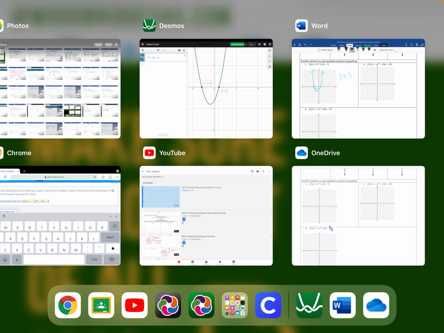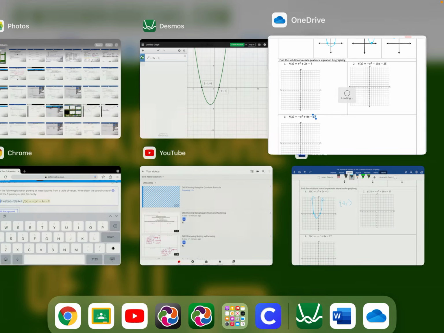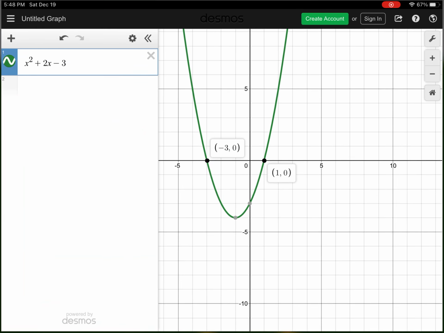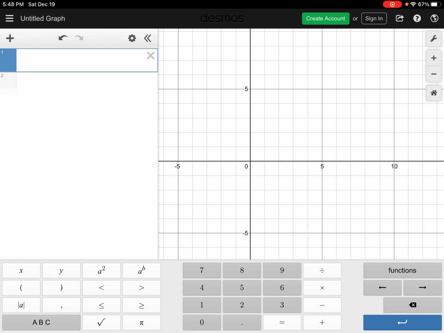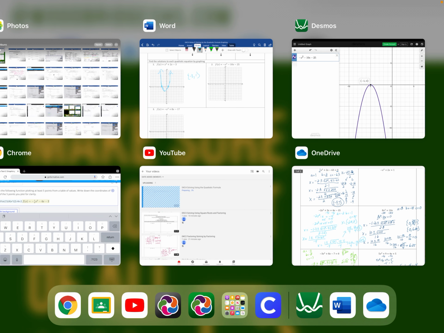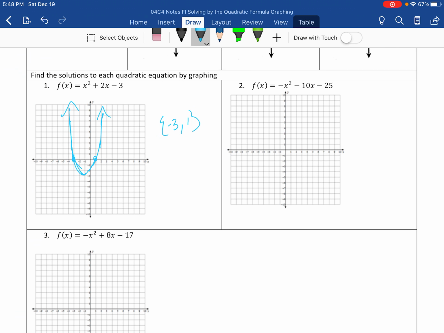Next one is -x squared minus 10x minus 25. And for this one here, it crosses at -5, and that's it.